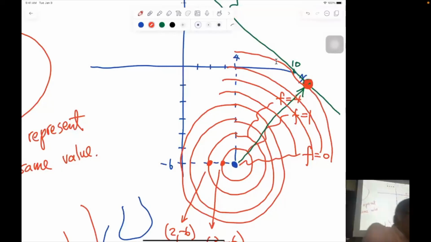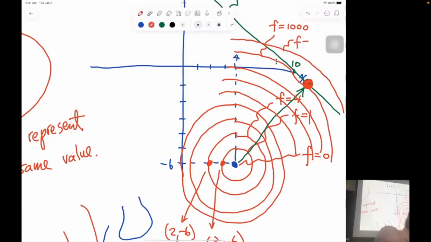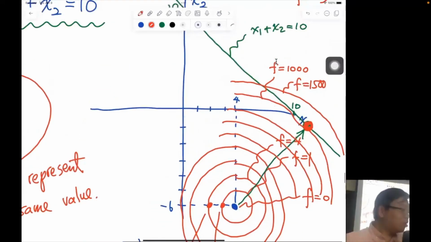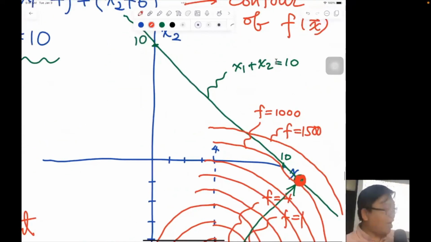For example, if this is a value of, just for example, 1000, and if you draw another contour a little bit further, this could be something like 1500, something higher. So on the green straight line, that contact point has the smallest function value.